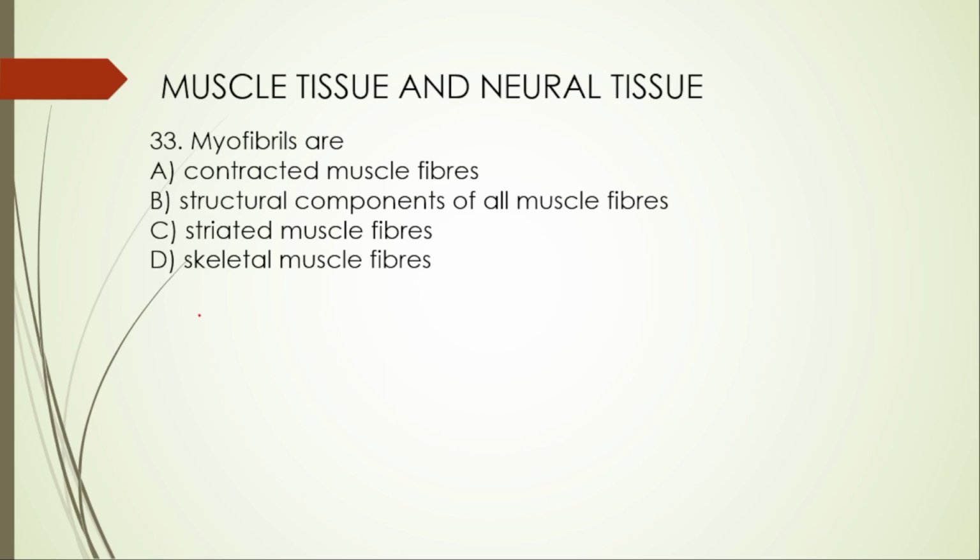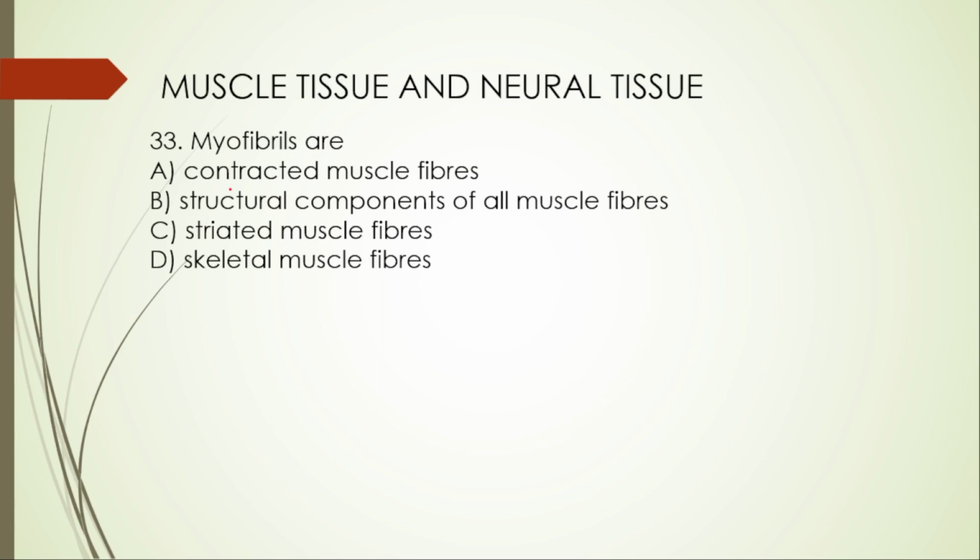Next question, that is question number 33, from the muscle tissue and the neural tissue. Microfibrils are: A. contracted muscle fibers, B. structural component of all muscle fibers, C. striated muscle fibers, D. skeletal muscle fibers.